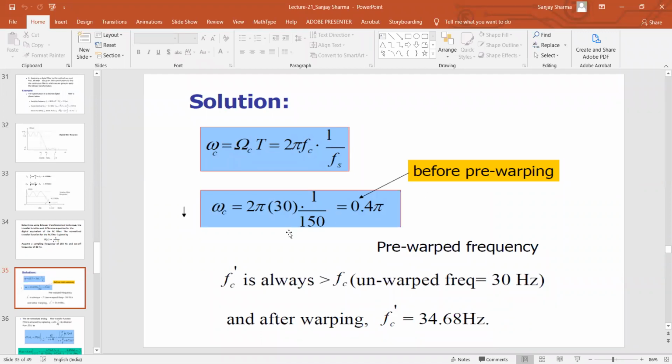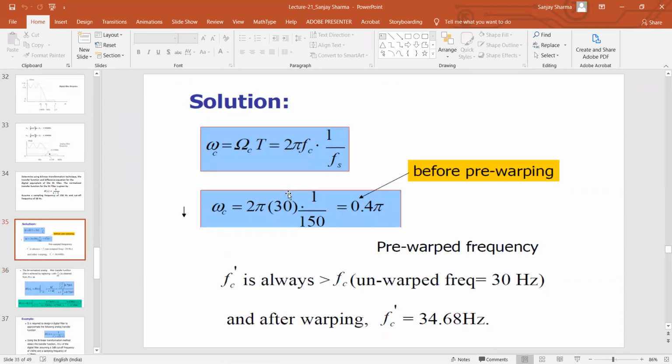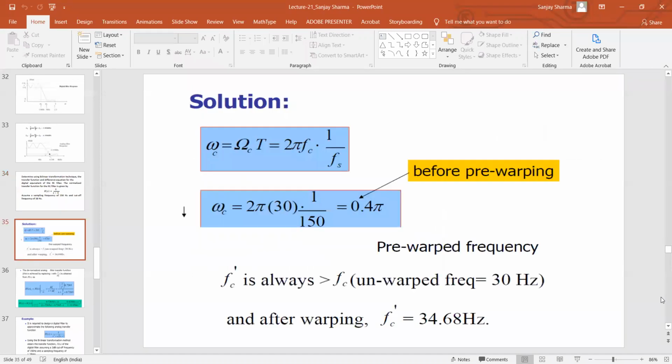All right. Now I have to use the bilinear transformation. So when I use the bilinear transformation, I need to know what is my capital omega c value. My small omega c value has come out to be 0.4 pi. But what should be my capital omega c value, so that once I apply the bilinear transformation, I compensate for the effect of warping?